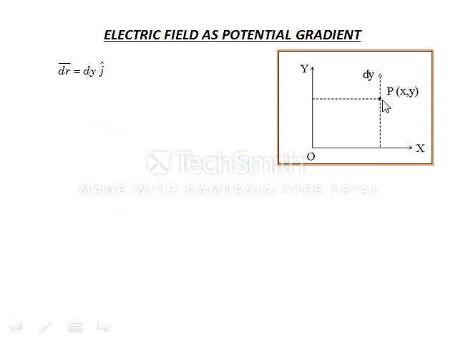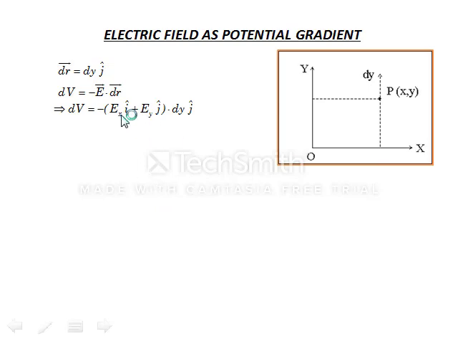Because of our displacement in this direction, there will be a change in potential dV. dV again has the same formula, minus E vector dot dr vector. Again for E we'll substitute its Cartesian form, Ex i cap plus Ey j cap, and dr is dy j cap.